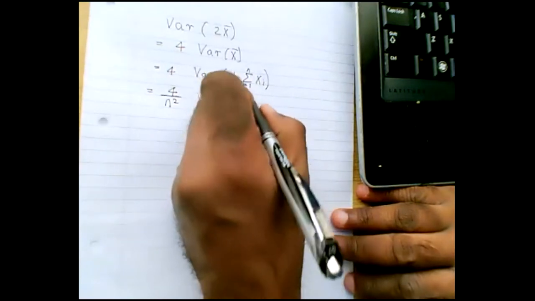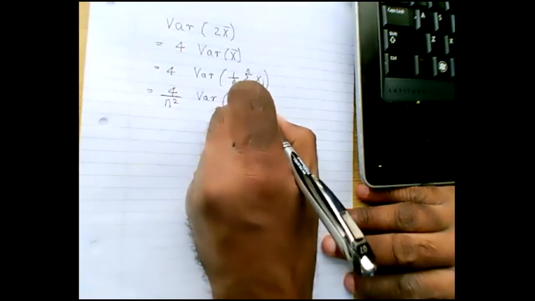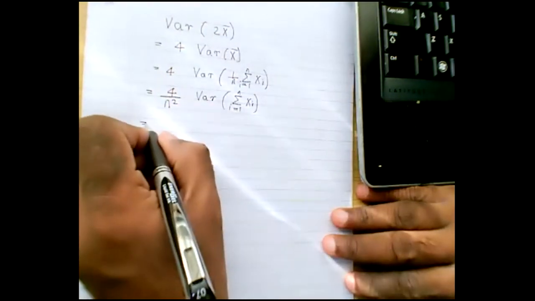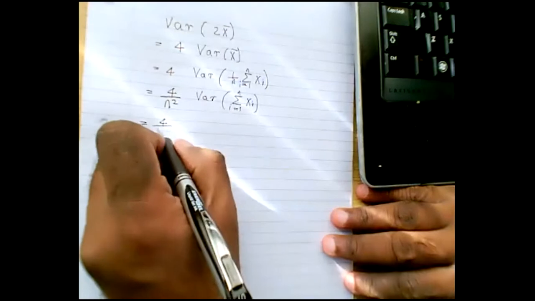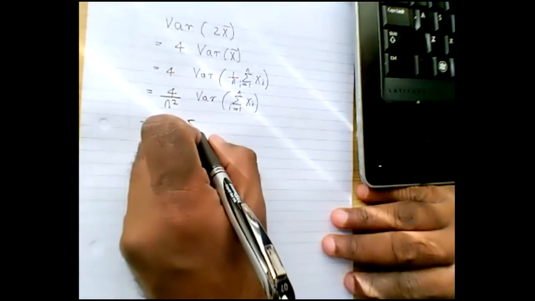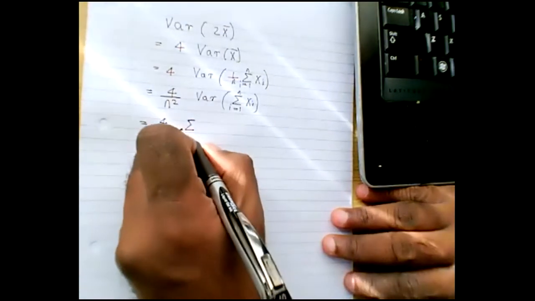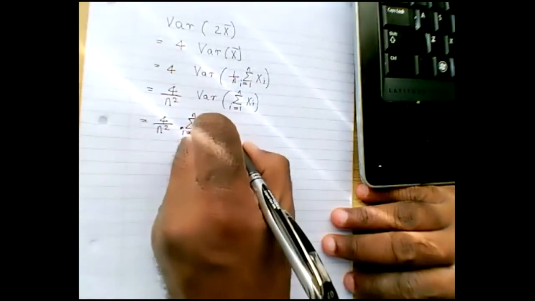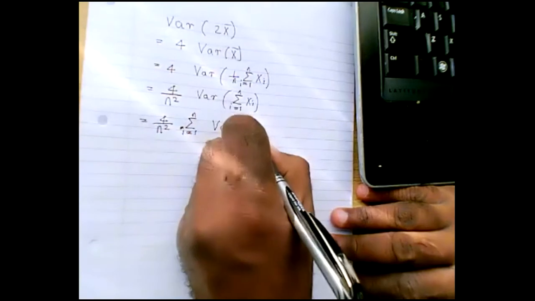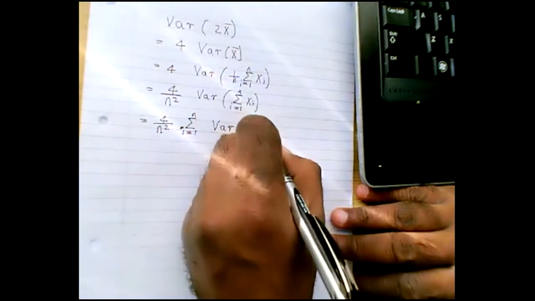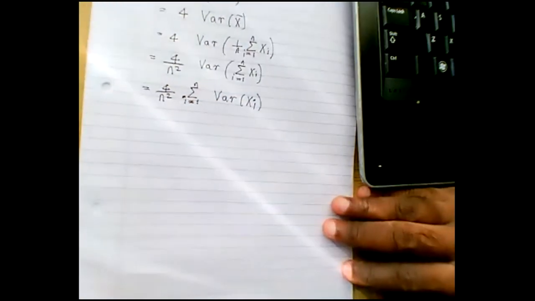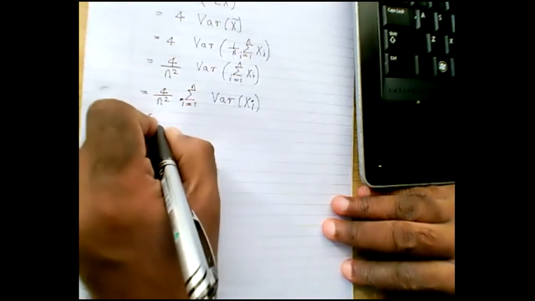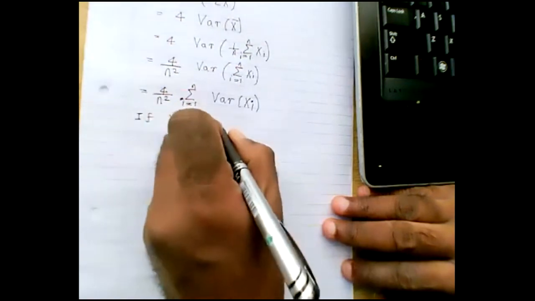Now you take the variance inside the sum, you get 4 over n squared times the sum of this.